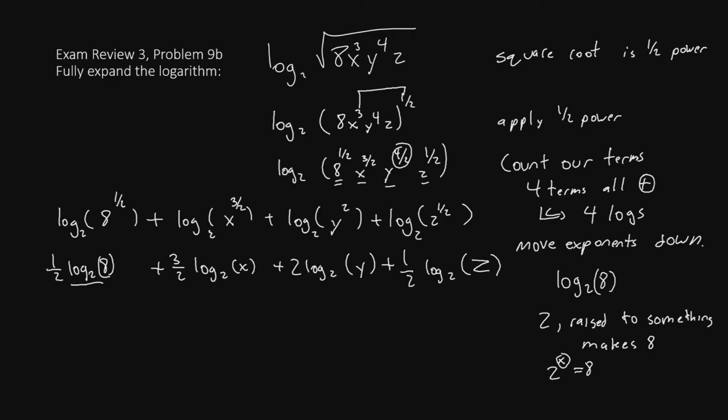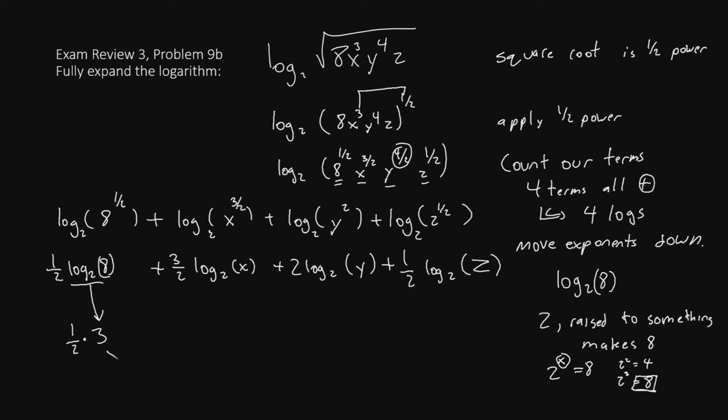Well, you might recognize that 2 squared would give you 4, which is a miss, but 2 to the 3rd power, 2 times 2 times 2, does make 8. So that means this log base 2 of 8 is really just 3 times 1/2.